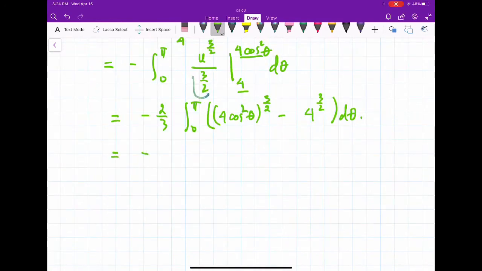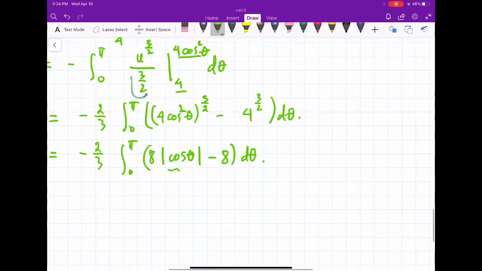This is equal to negative 2/3, integral from 0 to pi, of 8 absolute value of cosine theta minus 8, d theta. Why do we have the absolute value here?